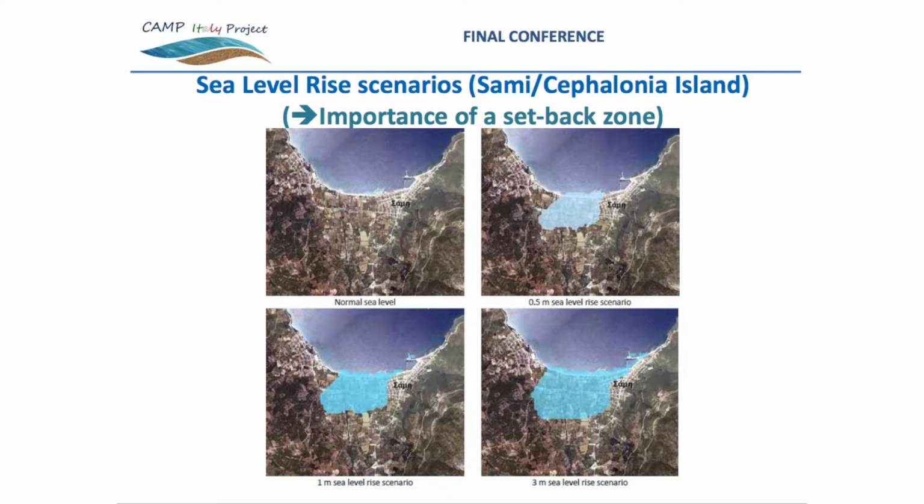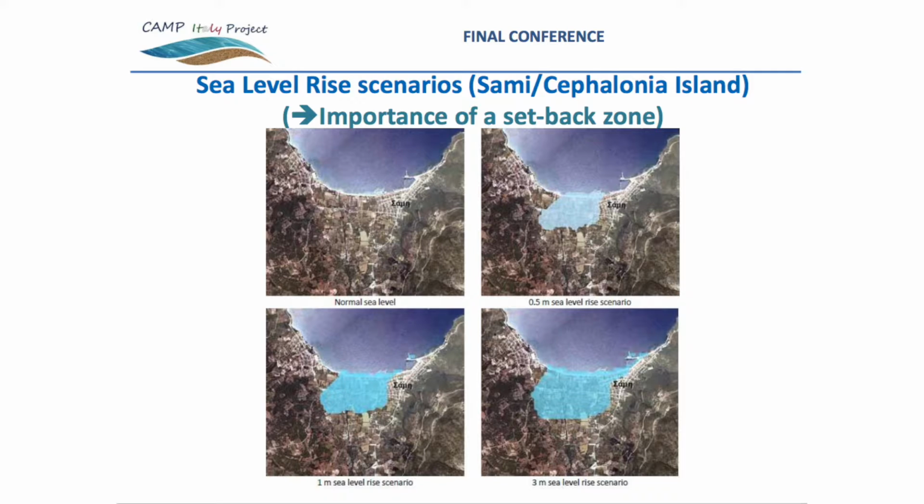What we did specifically in our project was a kind of scenario, assessing scenarios rather, of sea level rise in a concrete bay, concrete gulf in Sami of Cephalonia Island. And what do we have here? Upper on the left, the current situation.